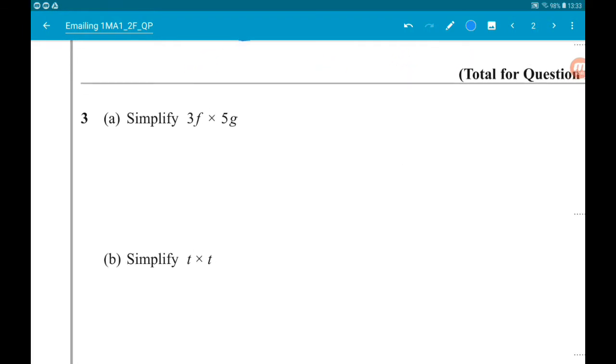Three A wants us to simplify 3f times 5g. So 3f means 3 times f, 5g means 5 times g. Multiplication is magic. It doesn't matter what order we do it in, so we could rewrite this as 3 times 5 times f times g.